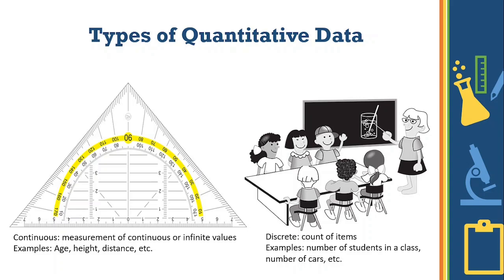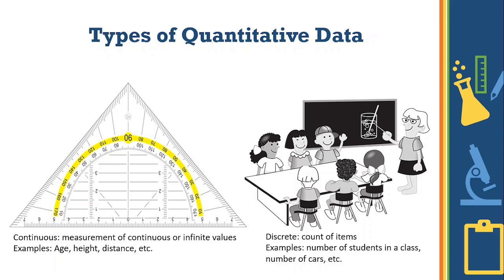For example, numbers that can be used for arithmetic functions, that can be added or divided, or have any other mathematical operations conducted on them. While qualitative data, which I will come to on the next slide, is the vice versa, where you're working with categories, where each category represents a group of data.